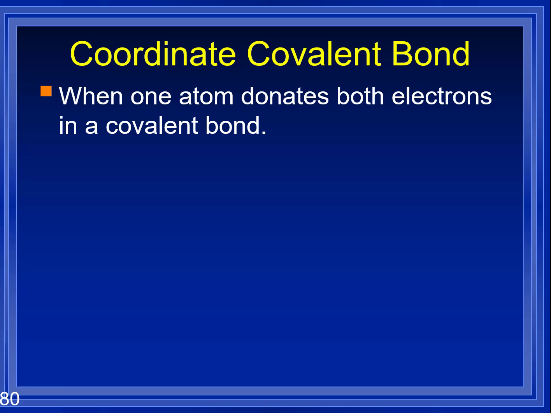When one atom donates both electrons in the covalent bond. So we're still donating electrons to make a single bond, double bond, or triple bond. But both electrons come from the same atom.